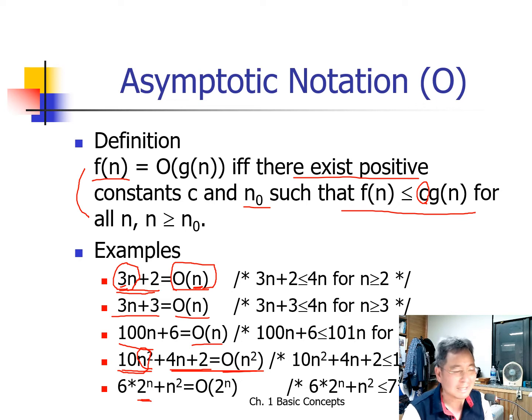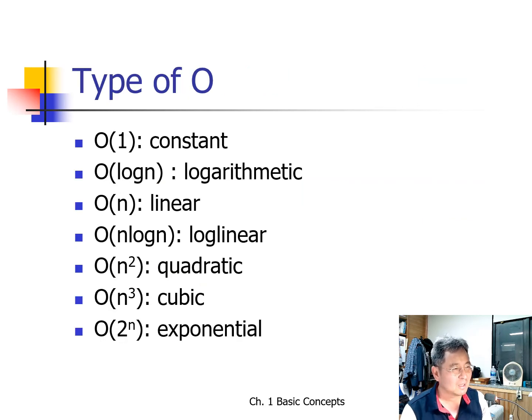N square is not dominating in this case, and this is a dominating term. Okay, so we can say that it is big O of 2 exponent n. So that is asymptotic notations. What kind of classes are in the asymptotic notations?